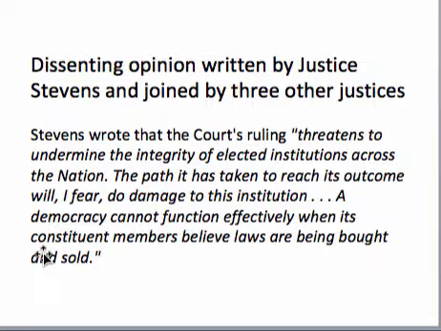A democracy cannot function effectively when its constituent members believe laws are being bought and sold. So his concern is that these people making unlimited campaign donations are, in appearance at least, buying laws, buying policy.